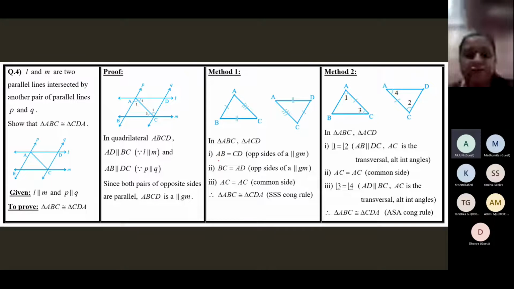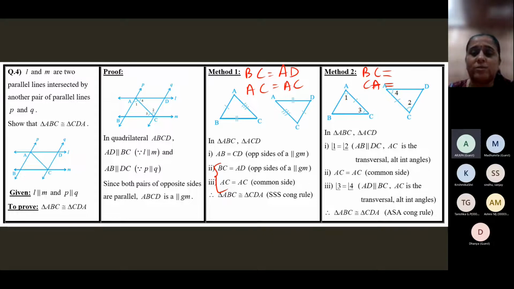So what else? I said you can take any two pairs of equality. So now supposing you take these two. You have BC is equal to AD and AC is equal to AC. Here C is common. So let's write BC, CA. Now here A is common. So DA, AC.